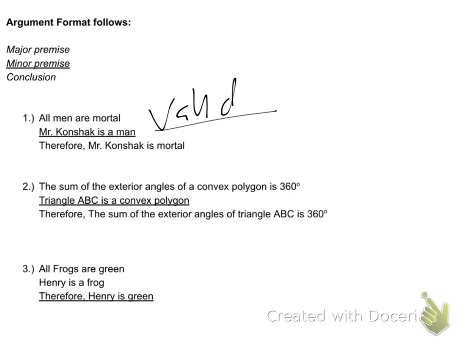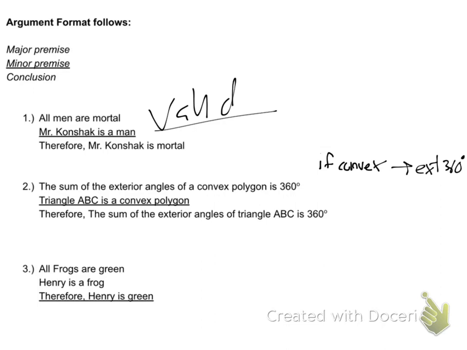The first statement is kind of backwards in a way, isn't it? You're saying that if convex, then exterior is 360 degrees. Can you see that?